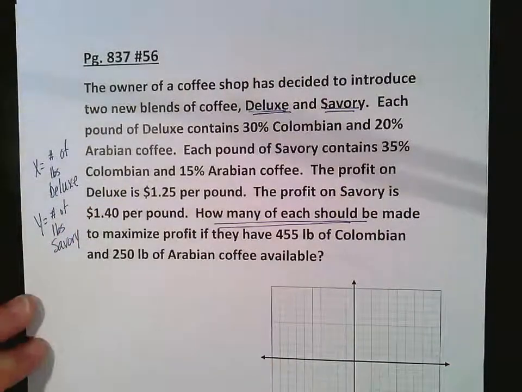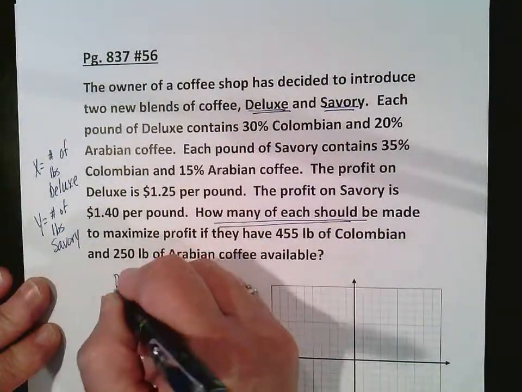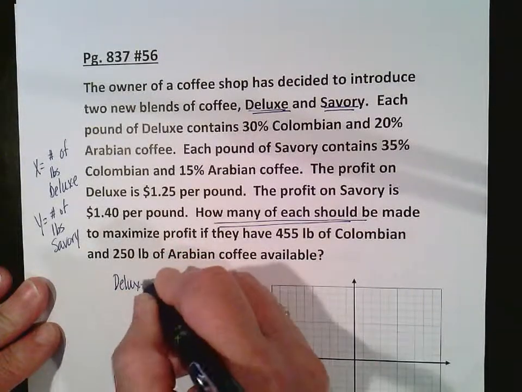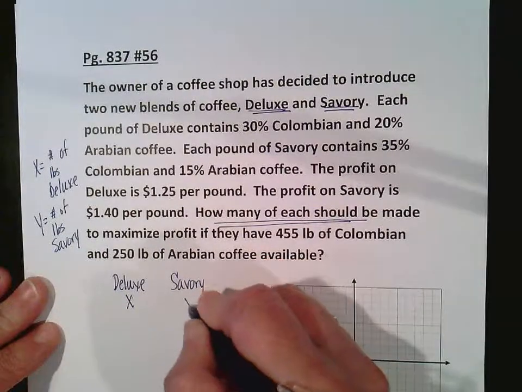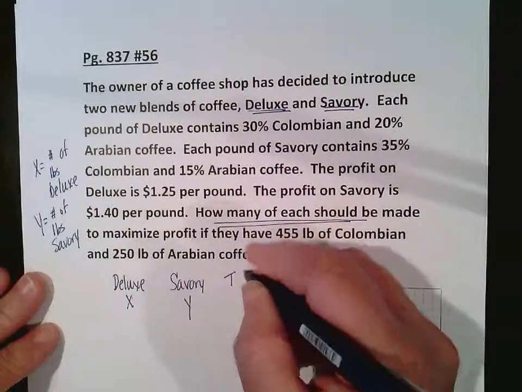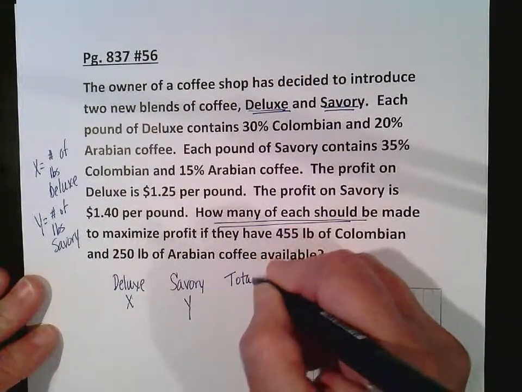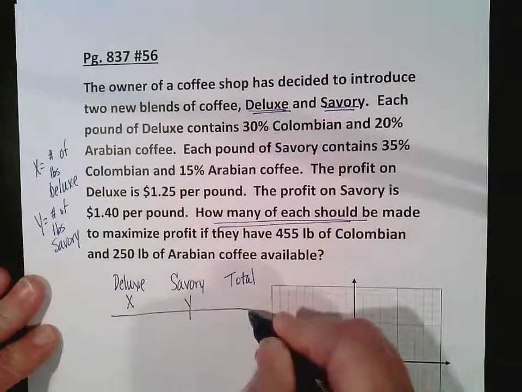So I'm going to have deluxe, which is my X variable, and savory, which is my Y variable, and then a total number altogether of the pounds of coffee.